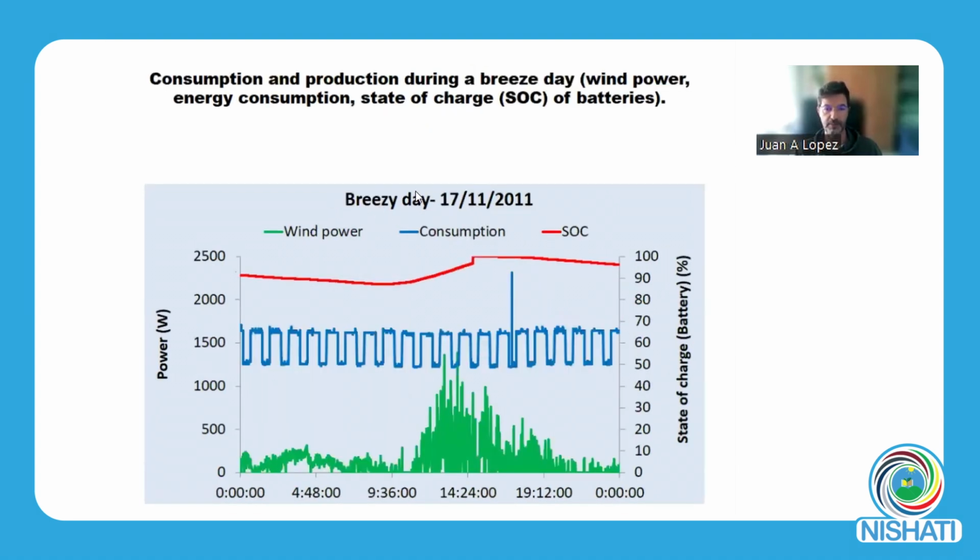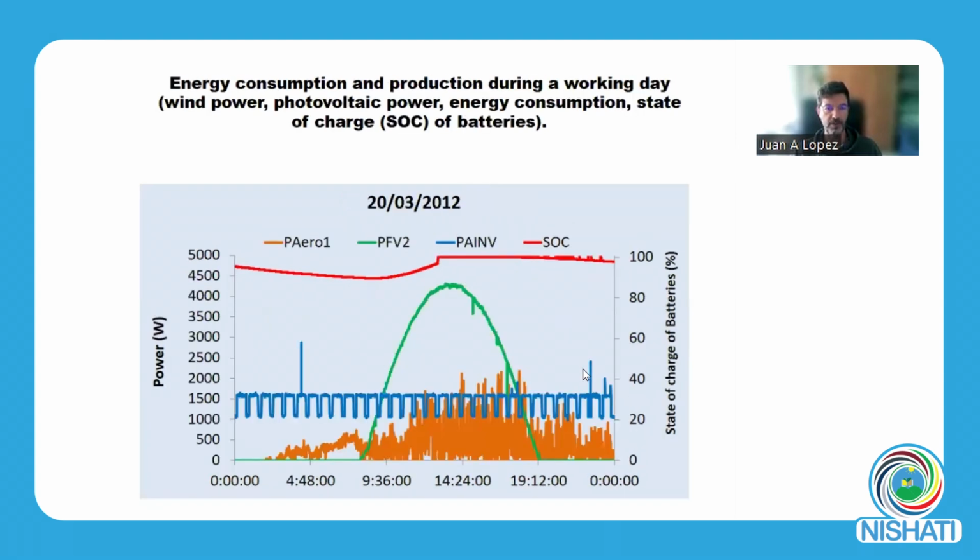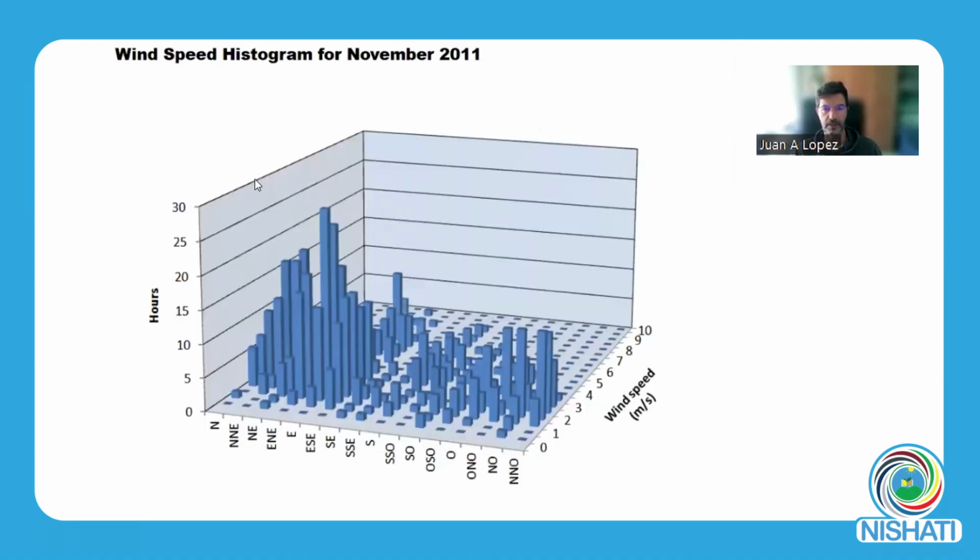Here they were disconnected at night, and so it was okay. And this is a breezy day. Usually we have very few breezy days along the year, so we need to use the energy stored in the battery.